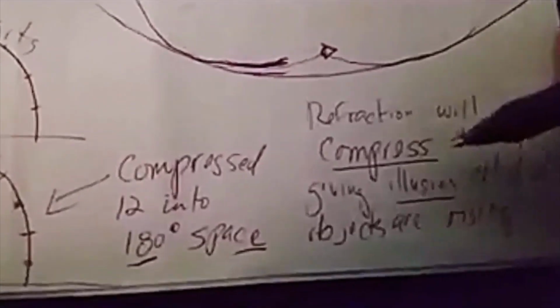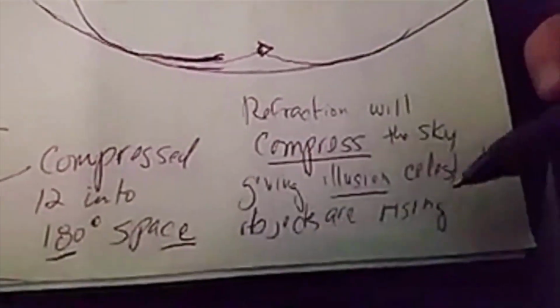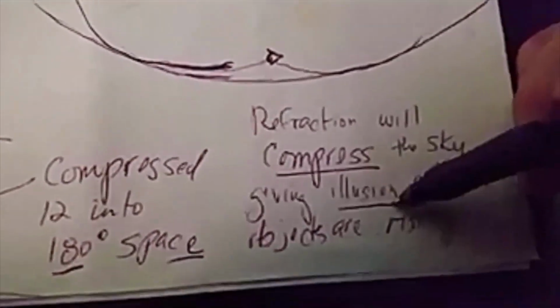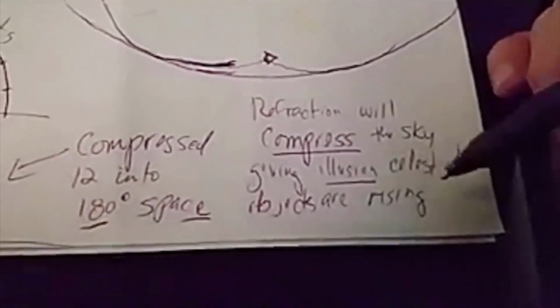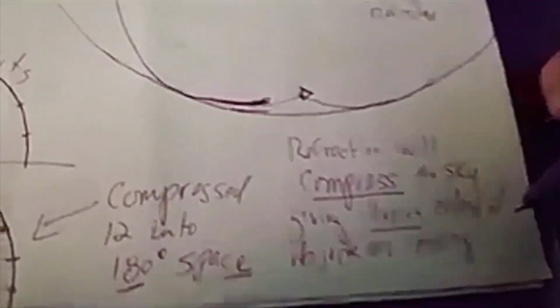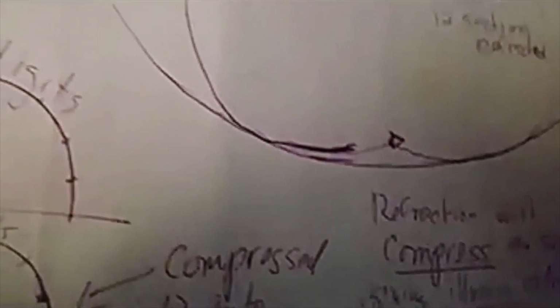So what that's going to do is compress the 12 sections into the 180 degree field of view that you actually see them. That's how refraction is working. Okay? Refraction will compress the sky, giving only the illusion that celestial objects are rising.